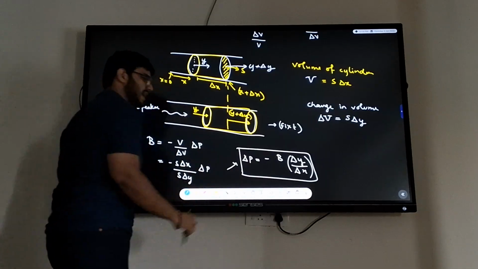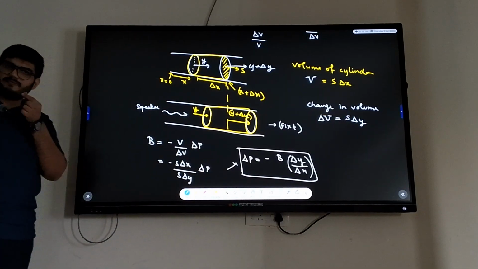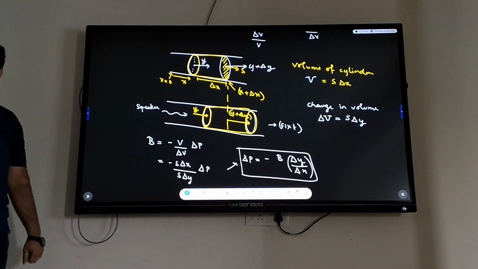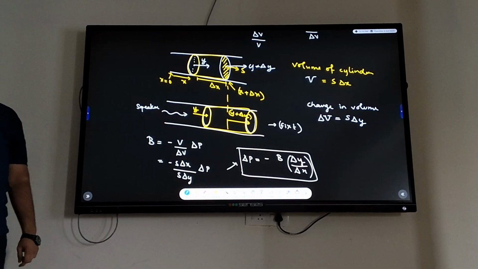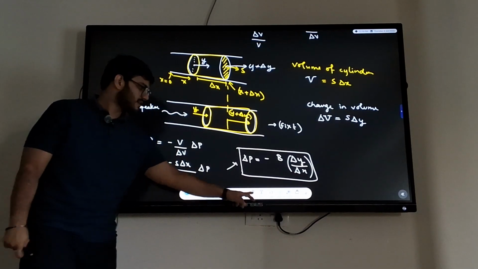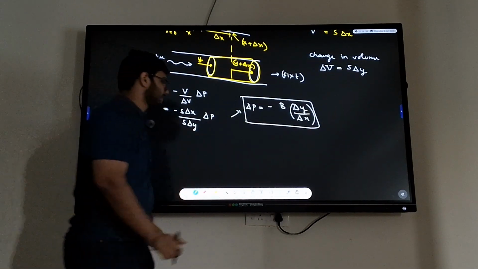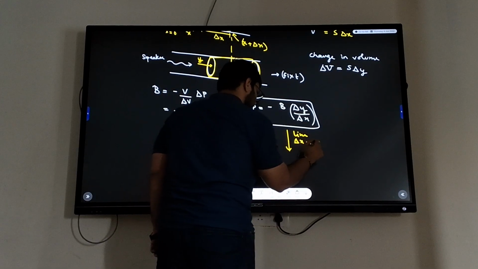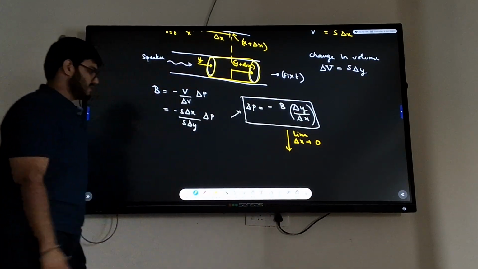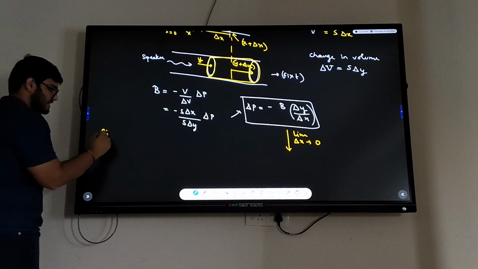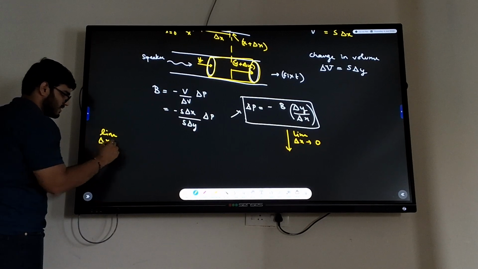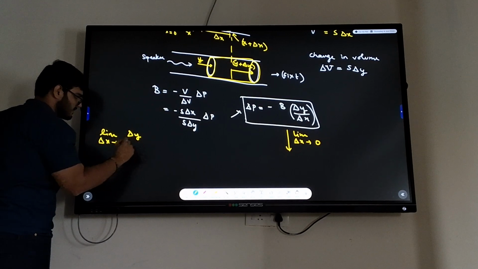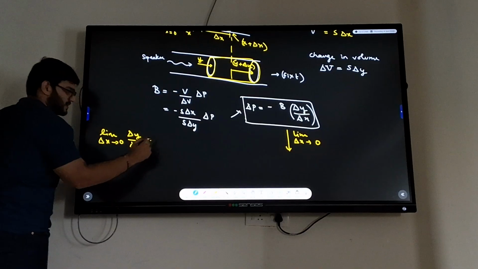And if I take the cylinder to be very small, in the limit that delta x tends to 0, what will happen? Infinity? Arey bachche, I have told you this. What is the meaning of this? What is it equal to?